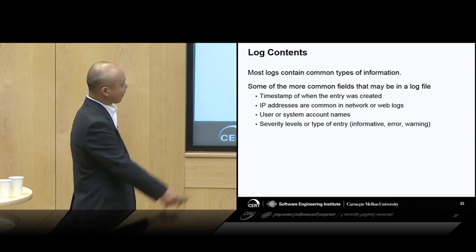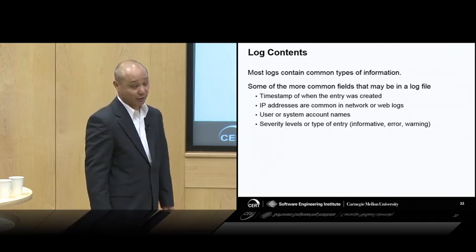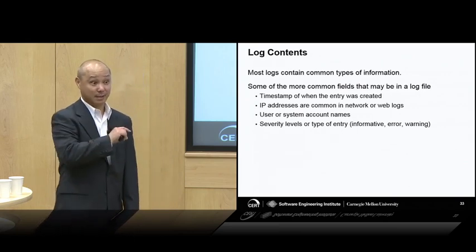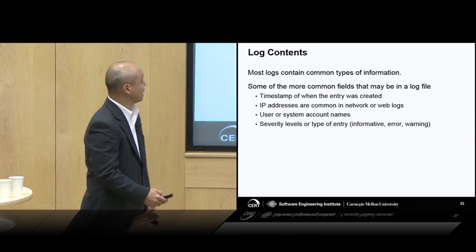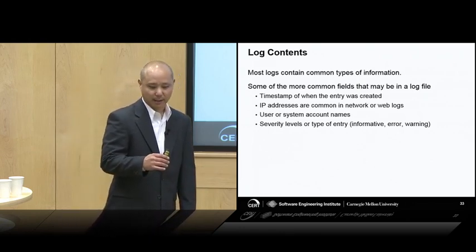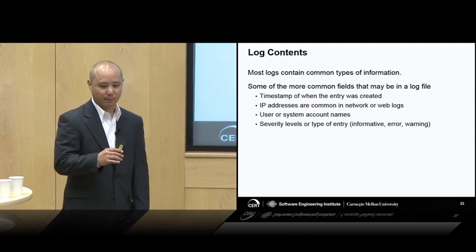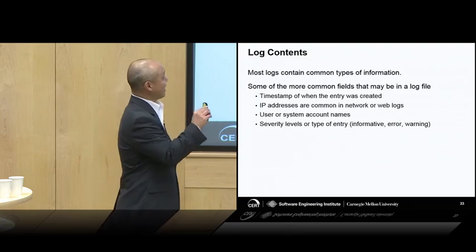And if there are errors or warnings, there are usually severity levels, or just straight out some sort of warning banner that says this is what went wrong. It can be informative.